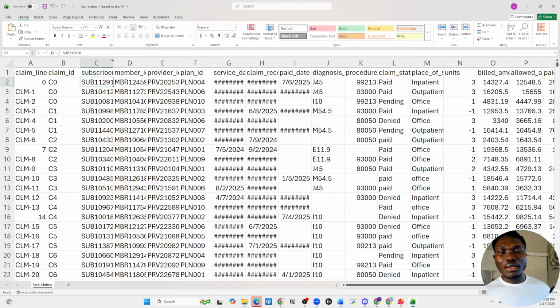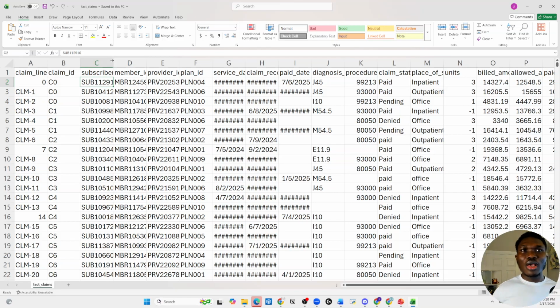My member ID is going to be MEM 1001. My dependents are also going to have member IDs of 1002, 1003, depending on the number of dependents I have. However, they will all have the same subscriber ID as myself. So if I want to know how much this subscriber spent, we're just going to add what I spent and what the two other persons spent. We all have the same subscriber ID.